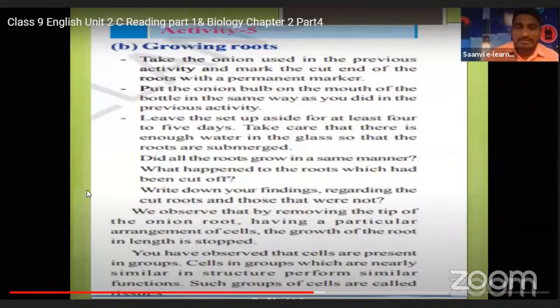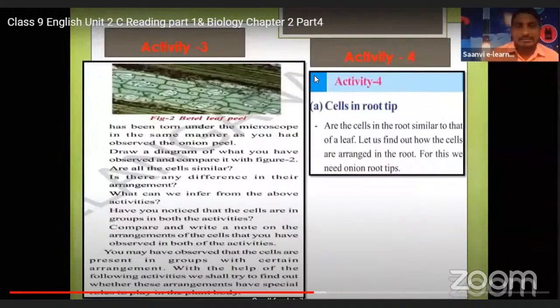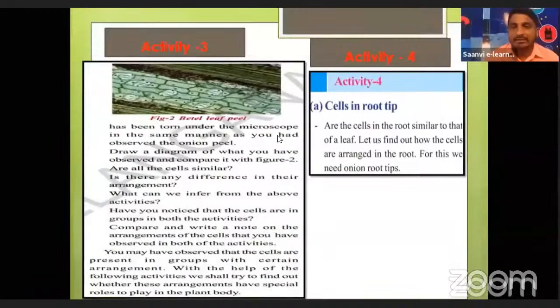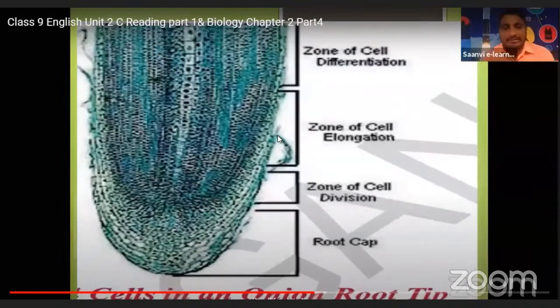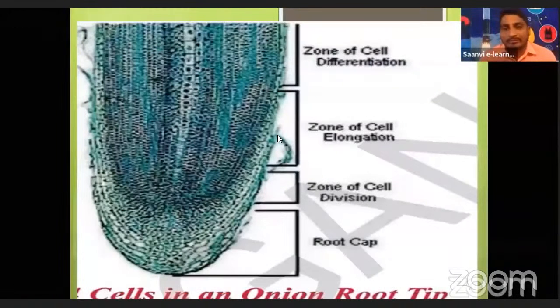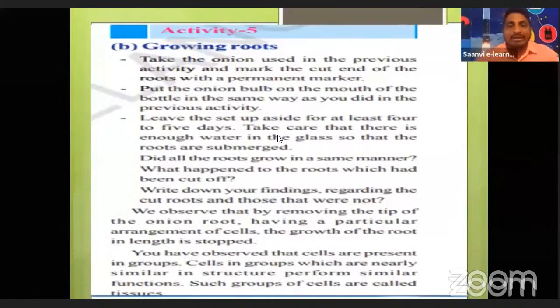In the last class we observed cells in an onion root tip: root cap, zone of cell division, zone of elongation, zone of cell differentiation. So to observe that, we need onion bulb root tips.